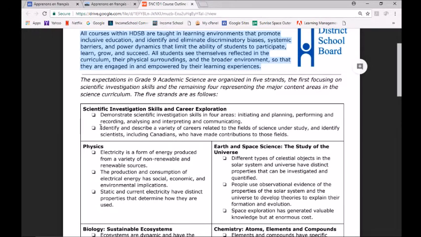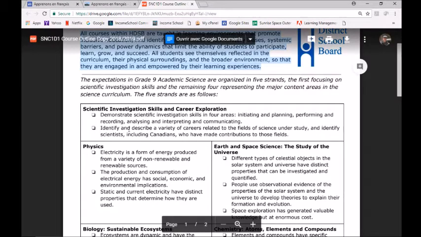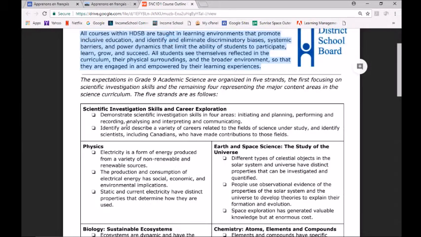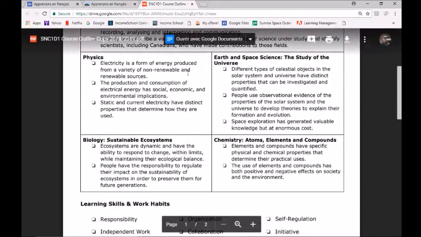Second part is to identify and describe a variety of careers related to the fields of science under study and identify scientists, including Canadians, who have made contributions to those fields. This strand will be fully integrated in the 4 units we will be covering this year.